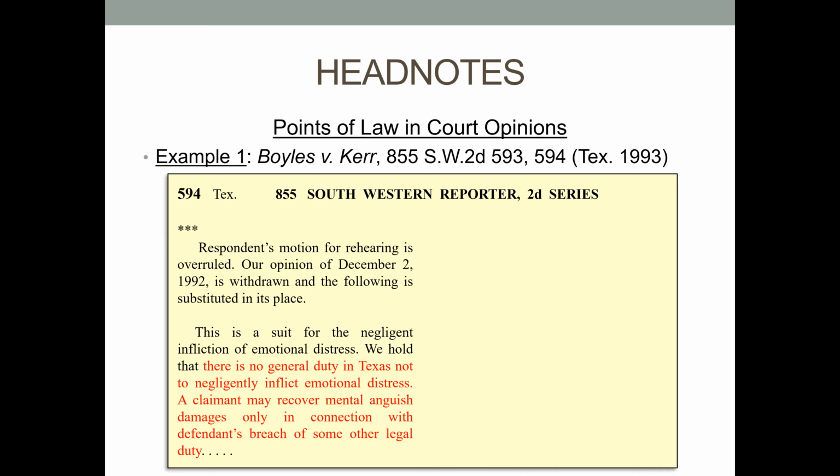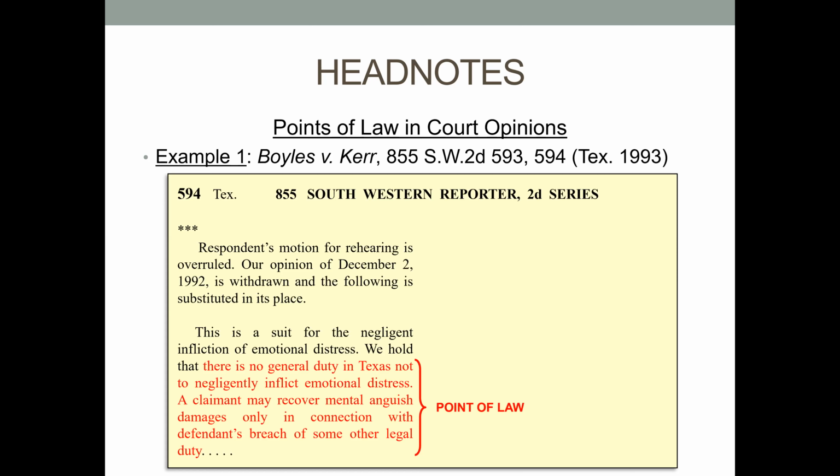And so in this left-hand column, you'll see the text highlighted in red. The court states, "We hold there is no general duty in Texas not to negligently inflict emotional distress. A claimant may recover mental anguish damages only in connection with defendant's breach of some other legal duty."